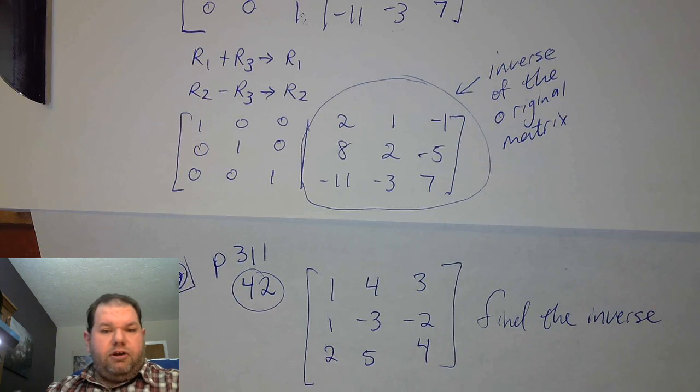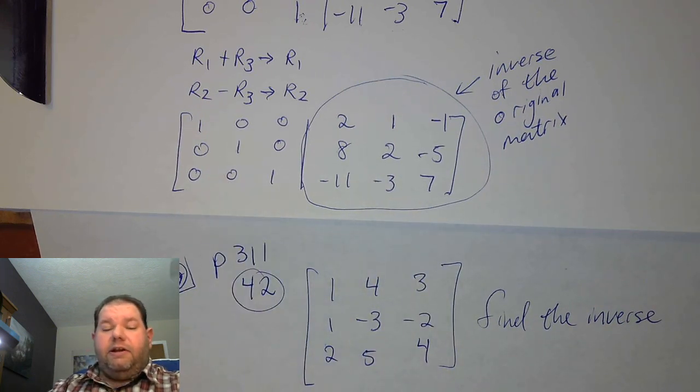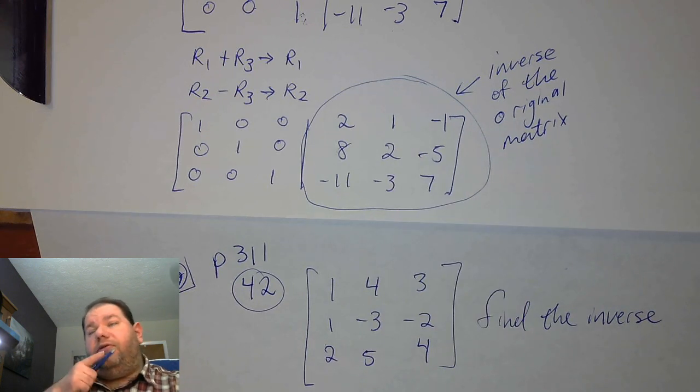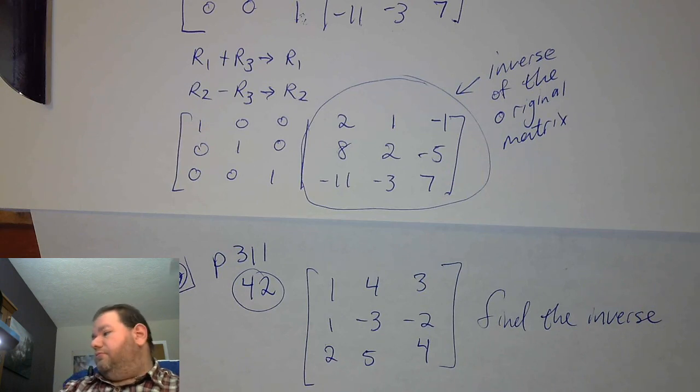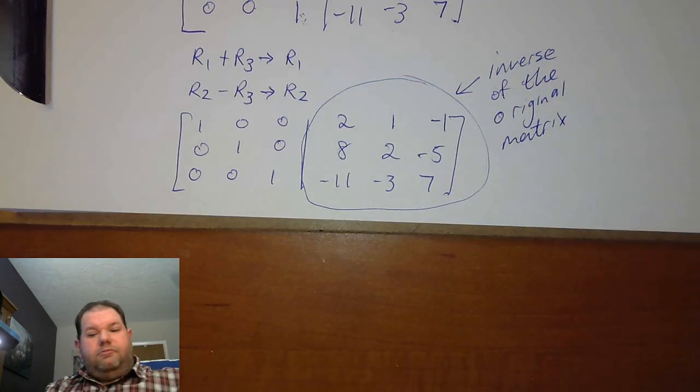So that's one way we could check our work, if we multiply these two matrices and end up with the identity. And it should be this one times this one, not the other way around. I guess the other way around should work too, though. Alright.